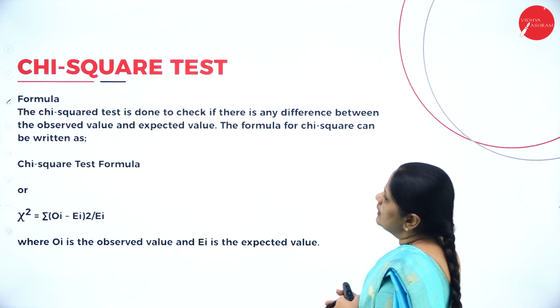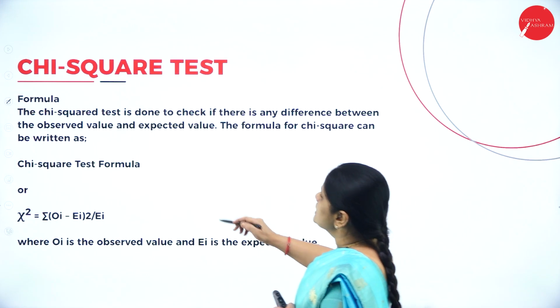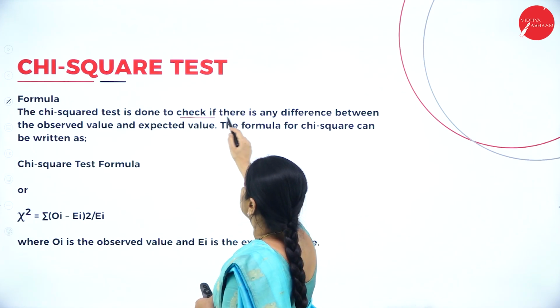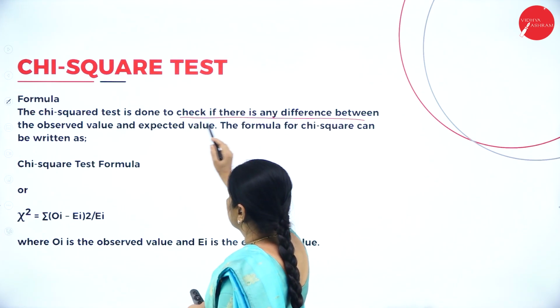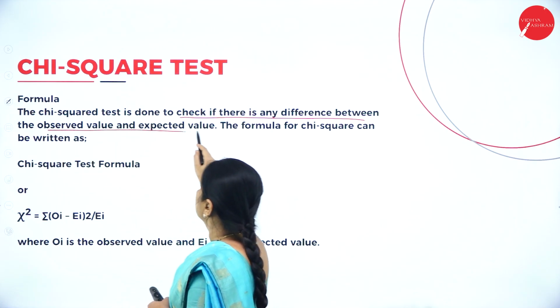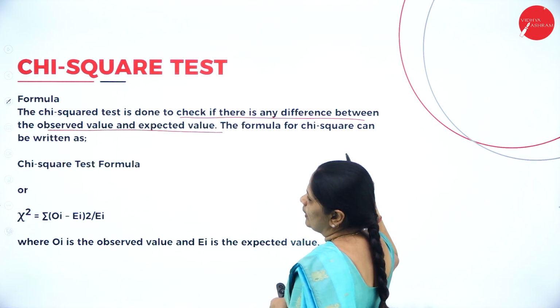The next one is the formula. The chi-square test is done to check if there is any difference between the observed value and the expected value.